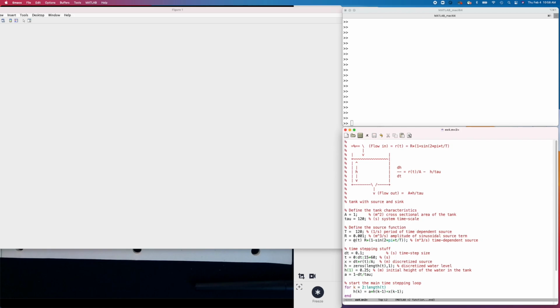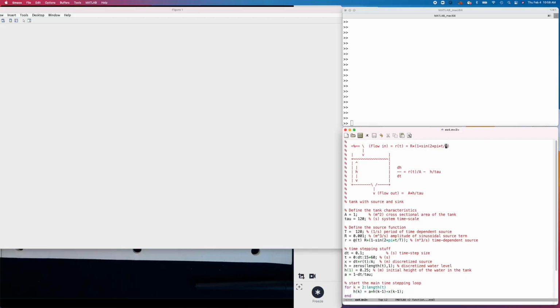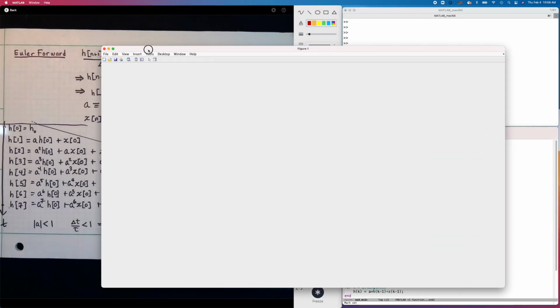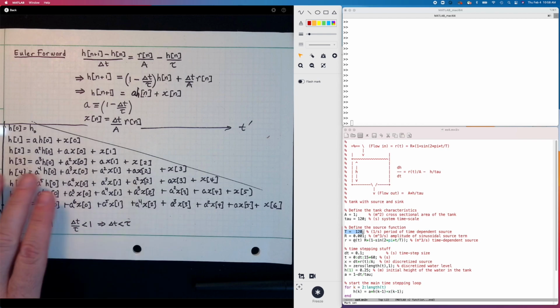The flow in follows a sine function with a period given by capital T here, which is a parameter which I can set. In the first example, I set it down here to be 2 minutes, or 120 seconds. And I'm going to simulate it using the Euler forward time stepping scheme as I've done over here. So I'm going to follow this scheme.